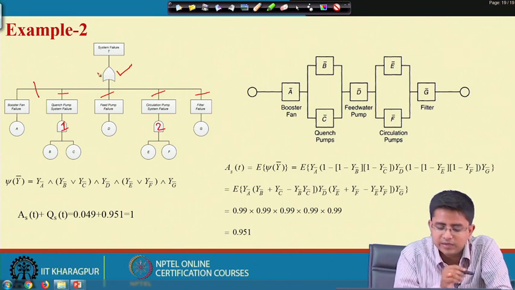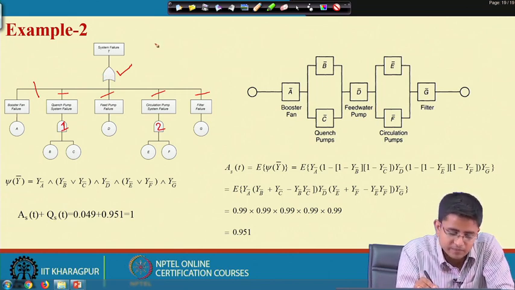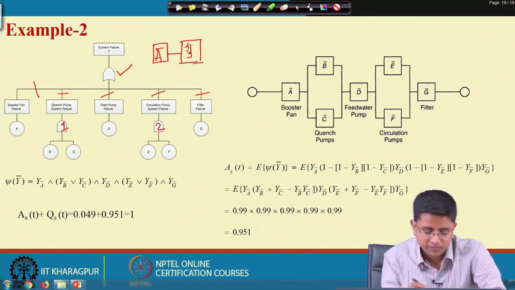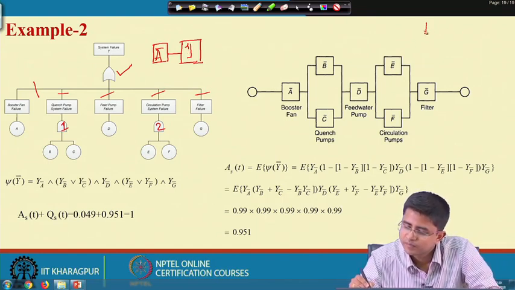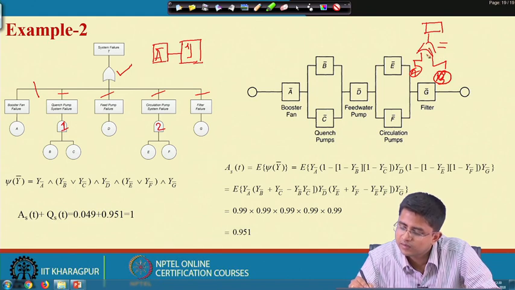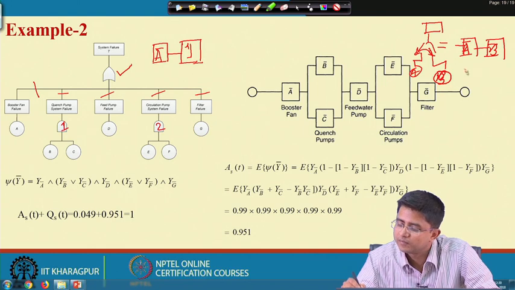As this is OR gate, we can write the RBD, this will be A bar, in series it will be 1, as from the property of OR gate we know that if this is OR gate and this is A and B, then the corresponding reliability block diagram is A bar and B bar.